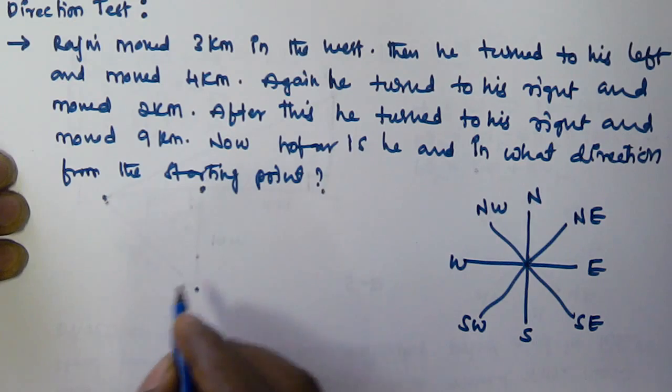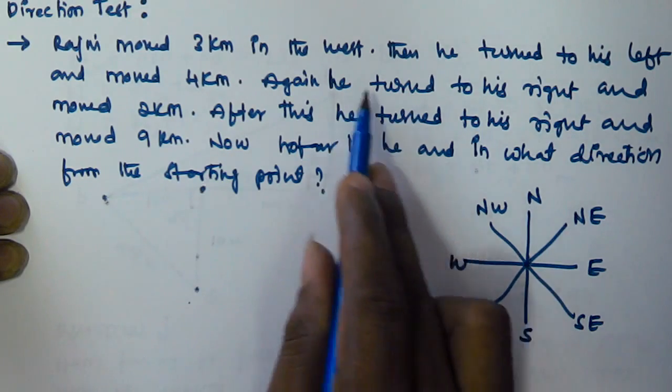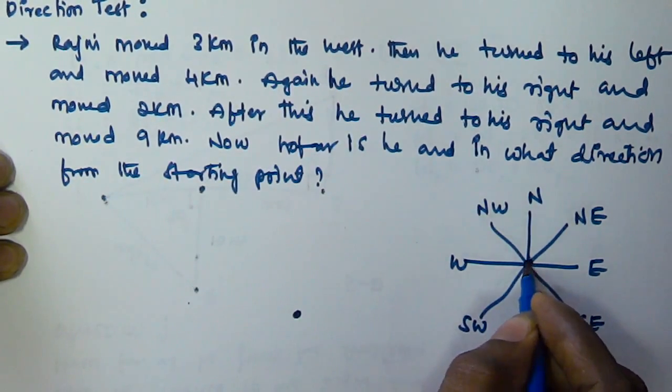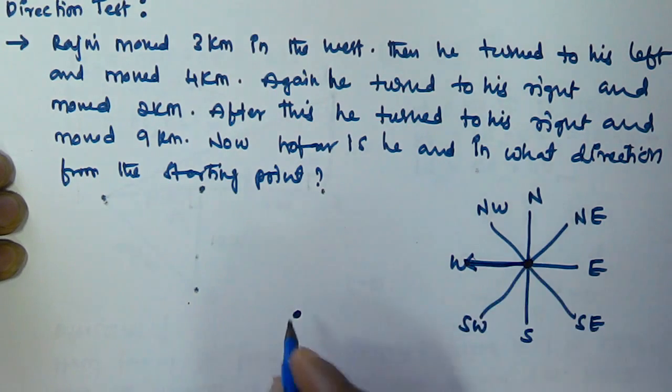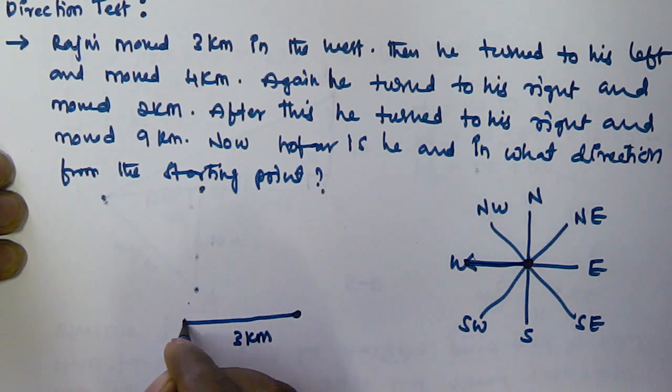Now Rajni started at some point, and then he moved 3 kilometers in the west. So let us assume he started from here, west is in this direction. So he moved 3 kilometers in the west.